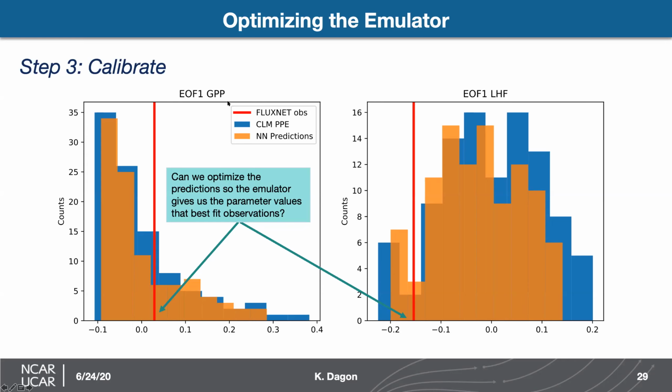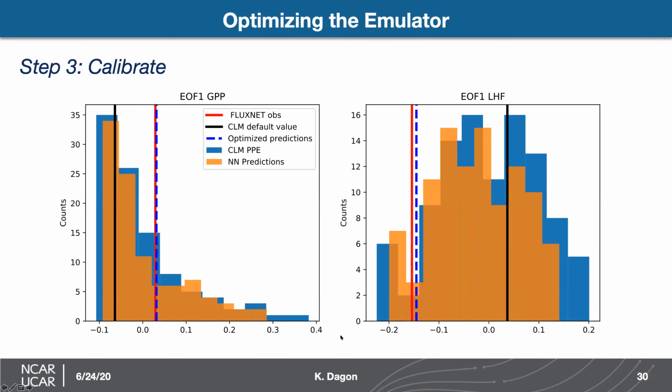We've got multiple modes of variability of GPP and latent heat flux. But we can do this. We can construct an optimization that's asking the question of pulling out this best fit parameter set. And when we do that, we get the results of this blue dashed line.